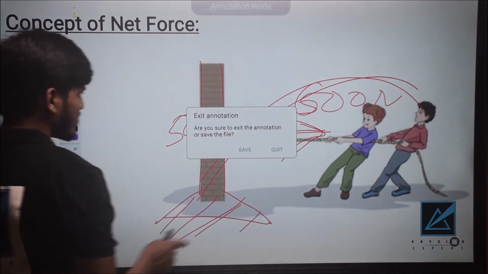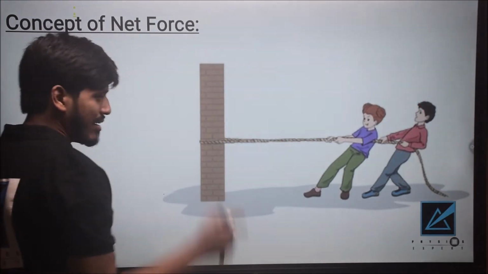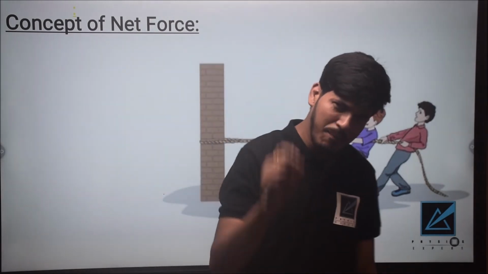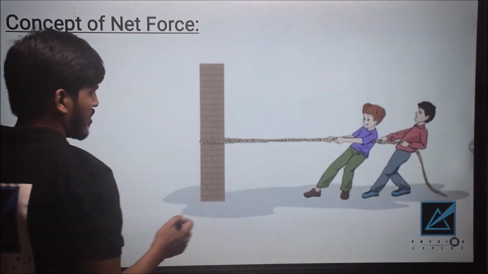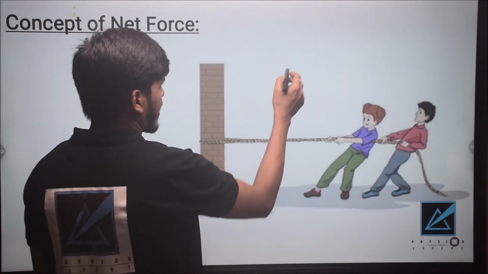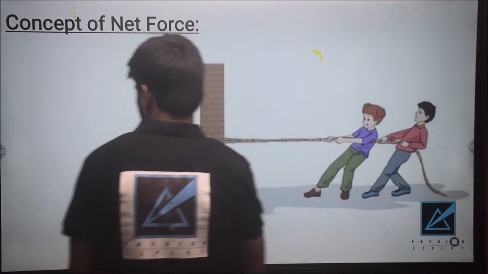So understand now what net force is. I'm repeating again. I'm taking another example.